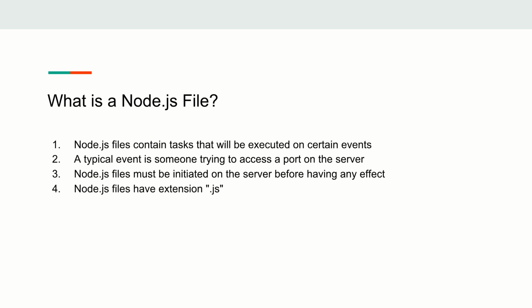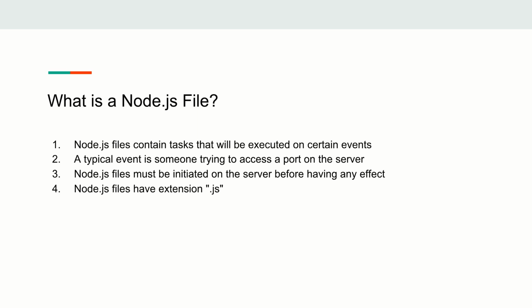We are going to see what a Node.js file looks like. A Node.js file contains all the tasks that will be executed when the client makes a certain request. A typical event is someone trying to access a port on the server. Let's say your client wants to access www.google.com.